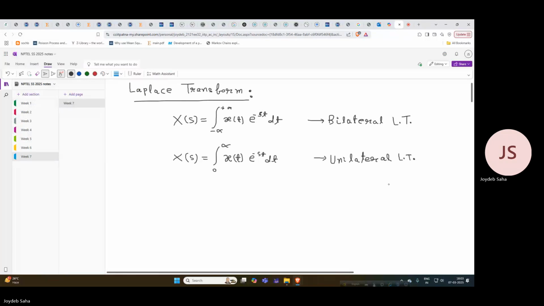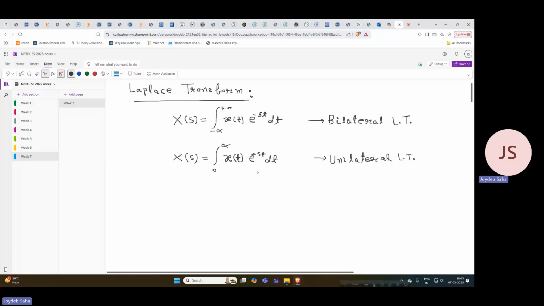Fine. So what we are getting here, X(s) is equal to the integral from minus infinity to plus infinity of x(t) e to the power minus st dt. This is called bilateral Laplace transform.